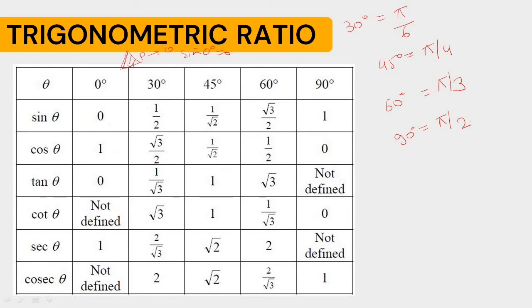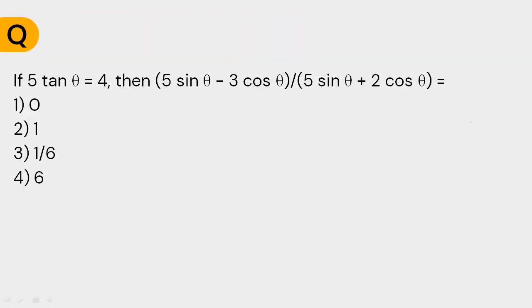Okay, so moving forward, here comes a question. What is the question? The question says 5 tan theta is equal to 4. Then find the value of 5 sin theta minus 3 cos theta upon 5 sin theta plus 2 cos theta.